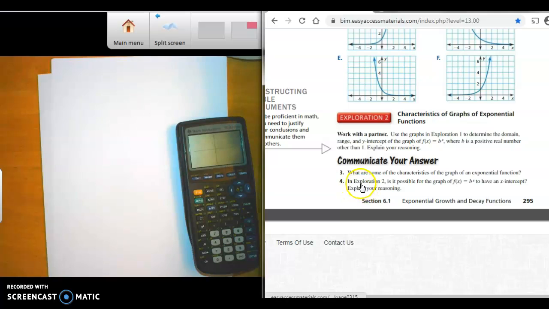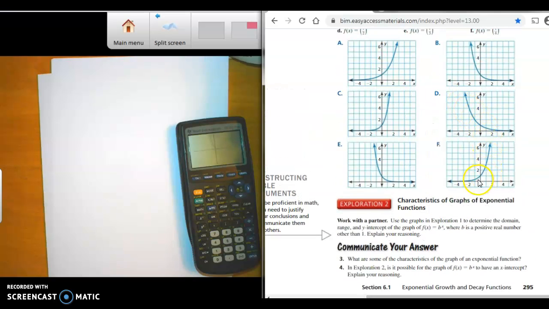Number 3, what are some characteristics of the graph of an exponential function? The graph has the x-axis as an asymptote. That's what you call an asymptote.